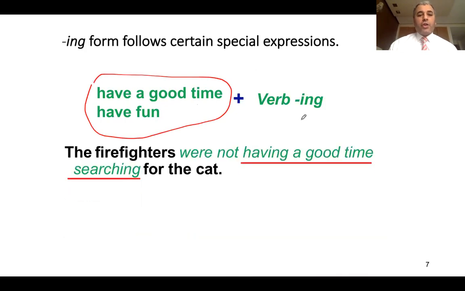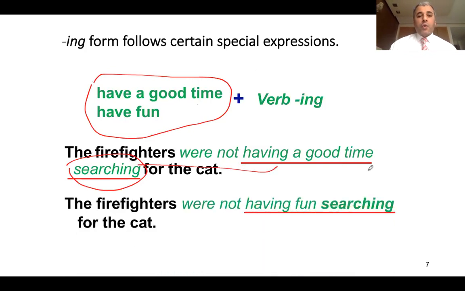The firefighters were not having a good time searching for the cat. Okay, so here you have a good time searching. You see searching here, it is a gerund following this expression, have a good time. The firefighters were not having fun searching.